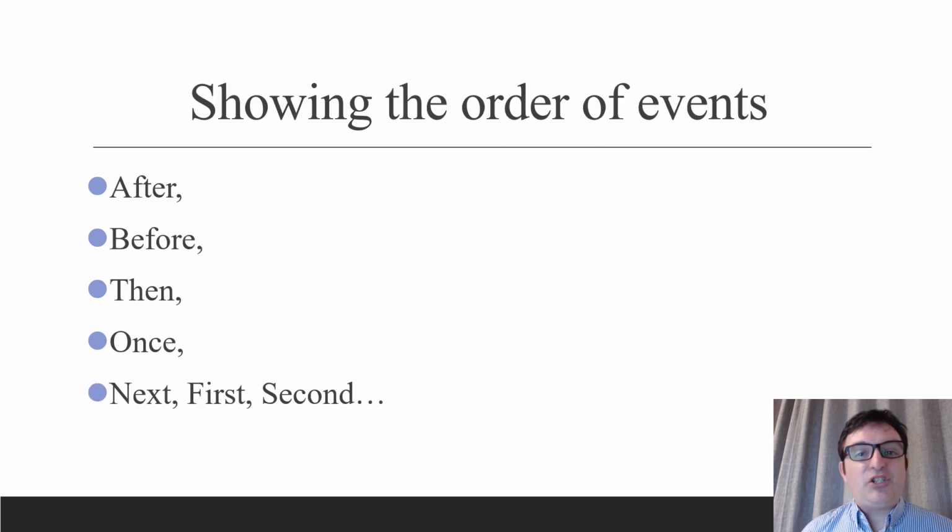Other sentences show a kind of order or the timeline of events in a paragraph, and you might see words like after, before, then, once, next, first, second, finally, and so on. These are also very common to show us the sequence of events and what the writer wants us to tell us.